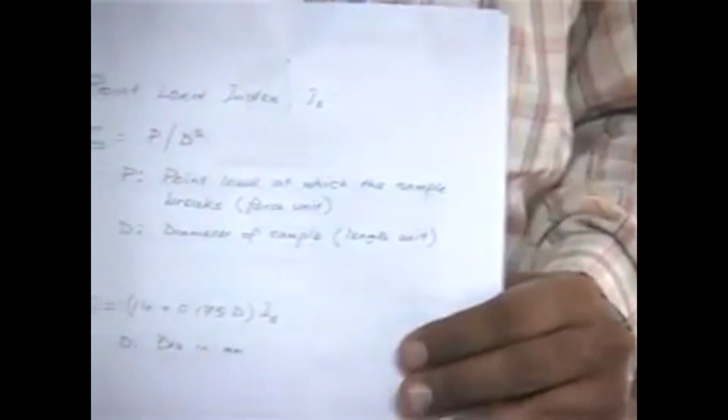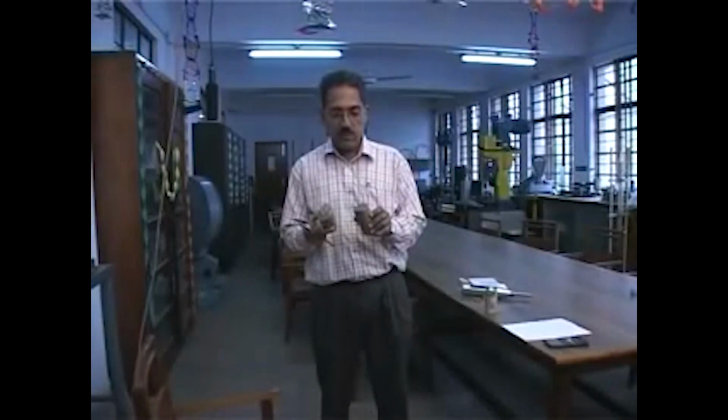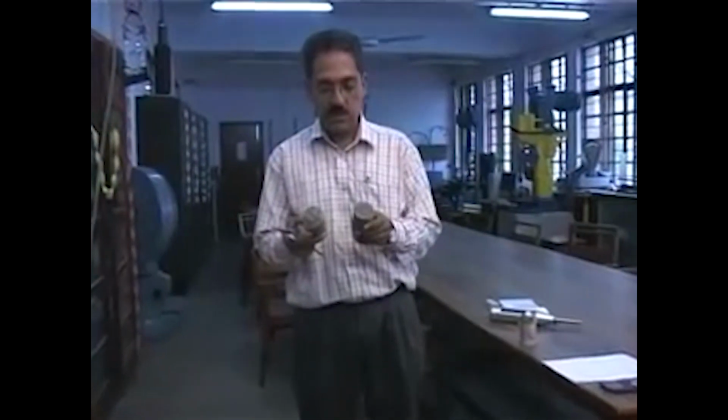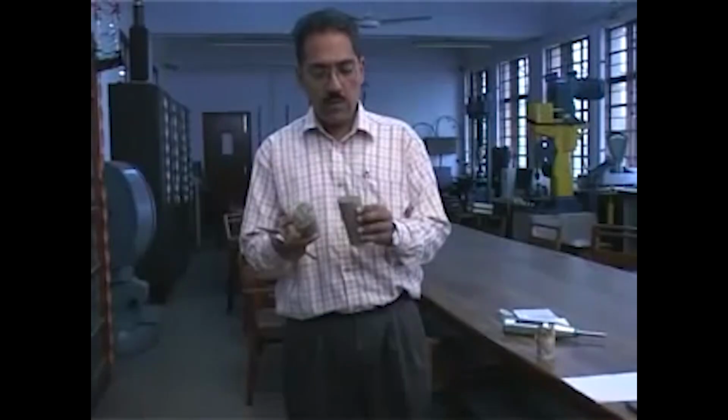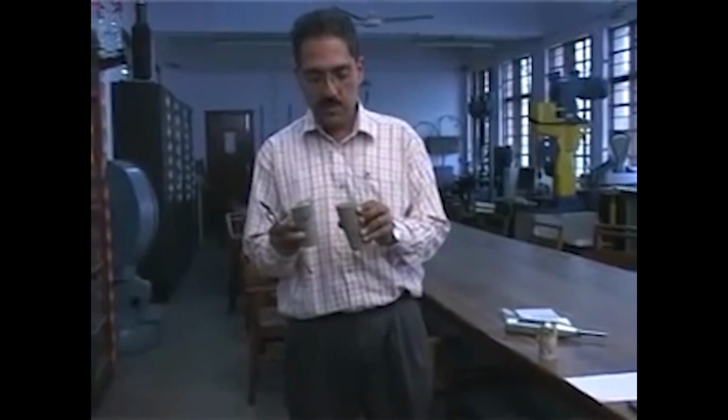Okay, so we are going to get into the testing now. These are the core samples that we are going to test today in the point load index testing machine. Both of them are sandstone samples.